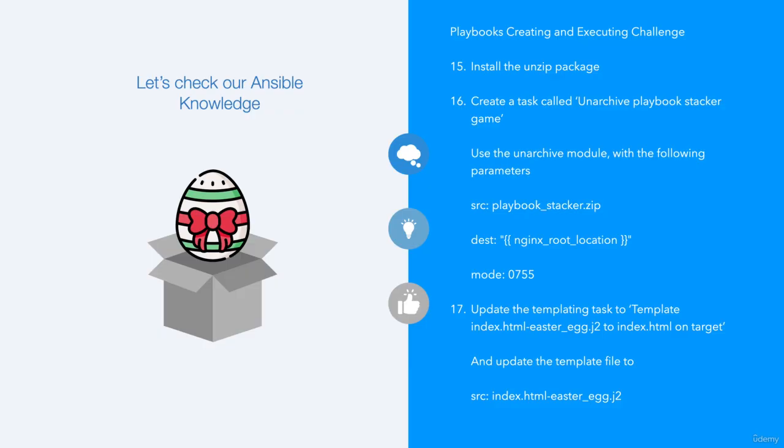We're going to use the unarchive module with the parameters of source being the location of our playbook_stacker.zip, a destination of our nginx_root respectively for Ubuntu or CentOS, and a mode this time of 0755. Next, we update our template to use the code with the Easter egg, which changes the image to a hyperlink. Pause the video and give this a try, or go into revision 9.